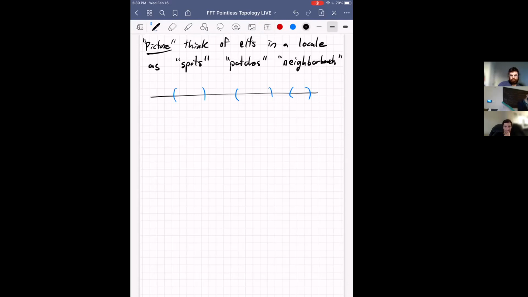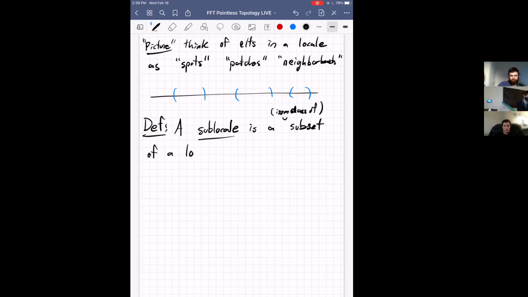So I will state one theorem, but I need one more definition, which is a sublocale. It's really an isomorphism class of, but just think of it as a subset of a locale, which is a locale under the induced order.